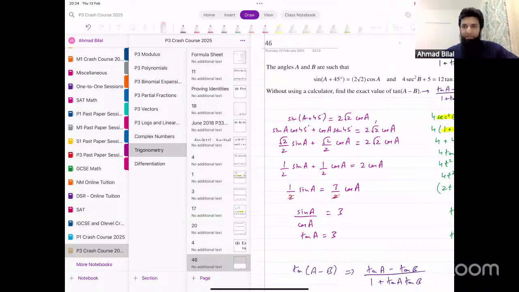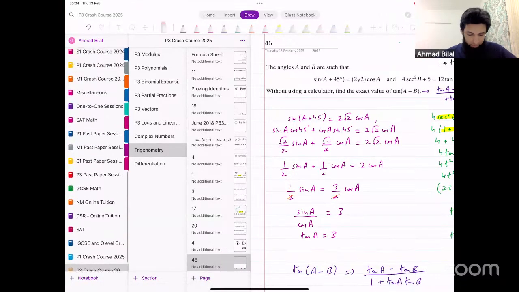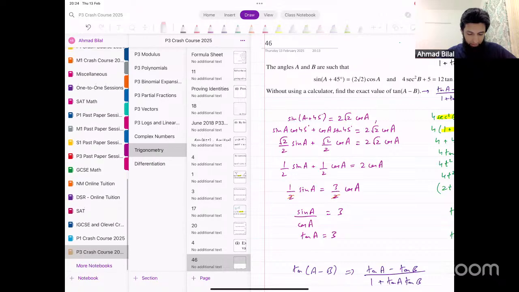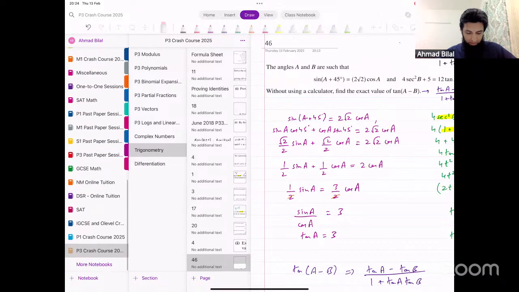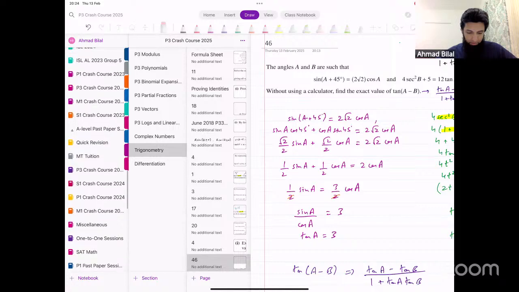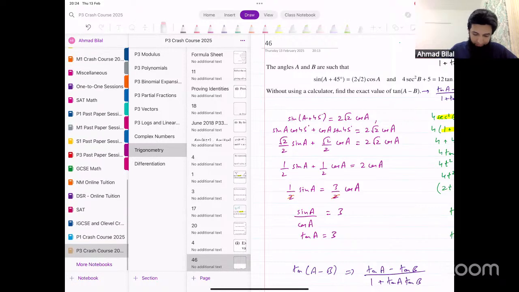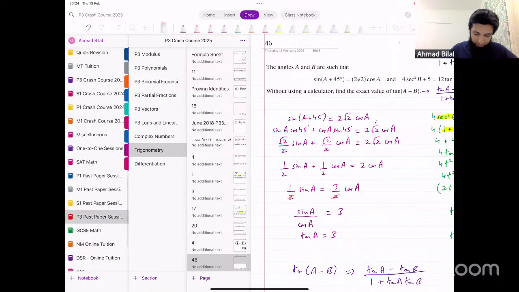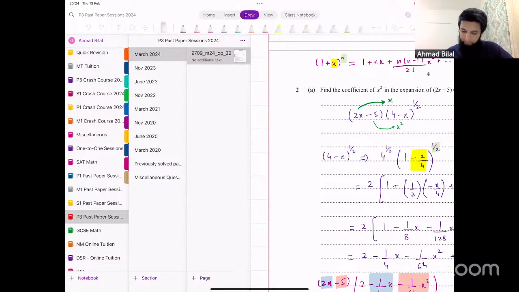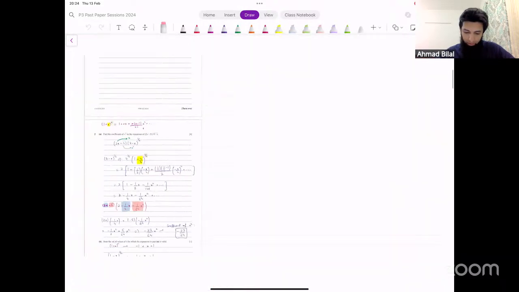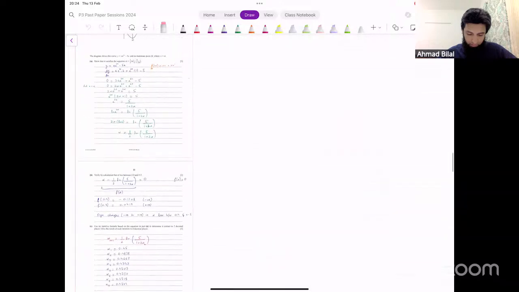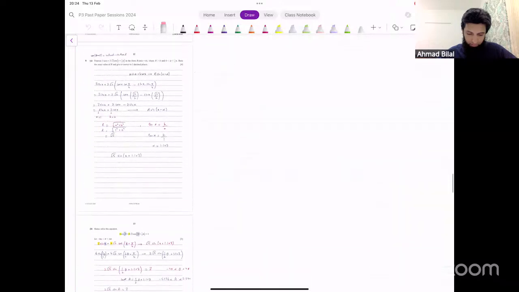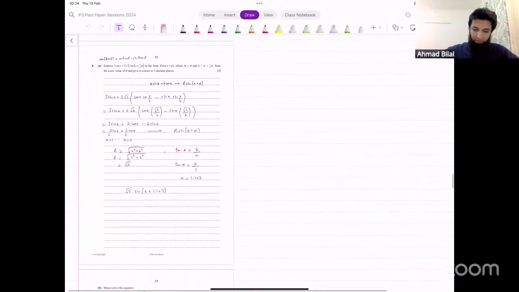Okay, I've seen some more difficult questions in these recent papers, but I'm just not able to find them right now. Yearly past papers. Where are they? Yeah, this is the kind that I was talking about.